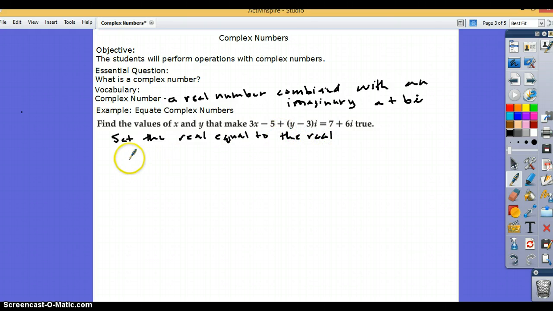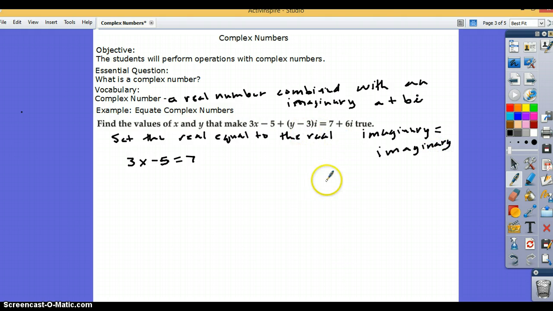So what I mean by that is we're going to take 3x minus 5, this is our real part, equal to 7, and then we're going to take imaginary equal to imaginary. Which means that we're taking y minus 3i equal to 6i.